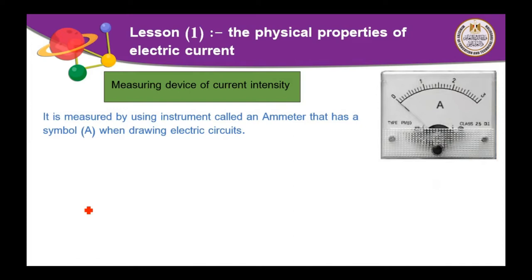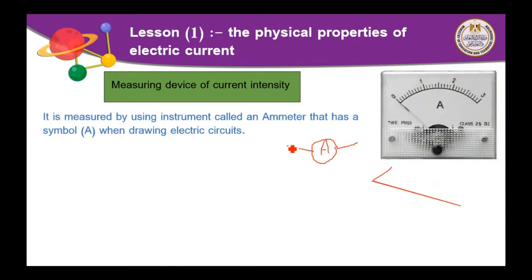Ammeter in front of you, yes, this figure represents the structure of ammeter. Ammeter is used to measure the electric current intensity and it can be represented by circle with letter A in the electric circuit.